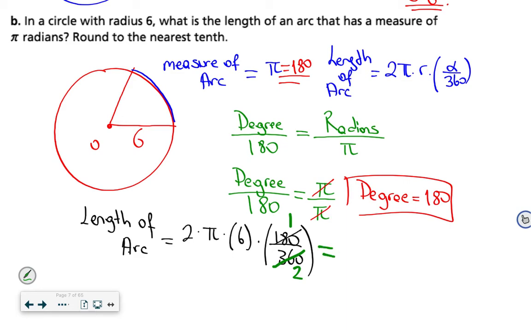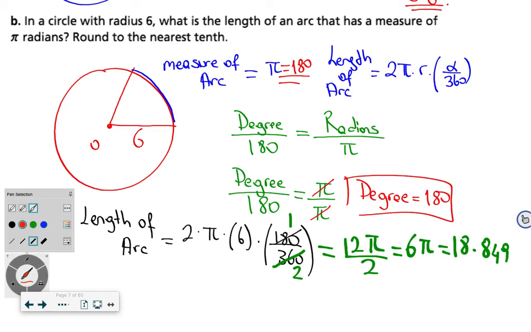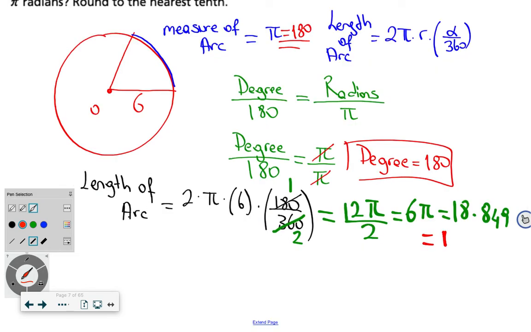Let's multiply the numerator. 2 pi times 6 is equal to 12 pi over 2, which is equal to 6 pi. And this is equal to 6 times pi, approximately 18.849. If you round to the nearest tenth, your answer is going to become 18.8. This is your length of the arc.